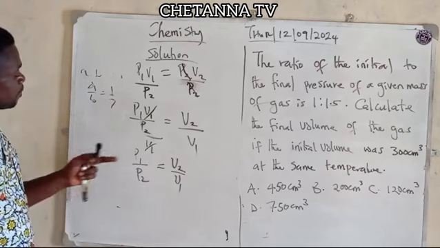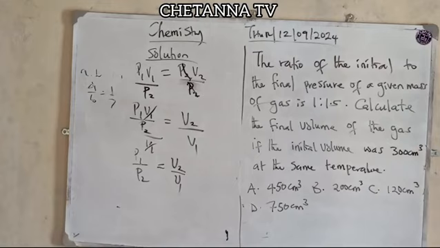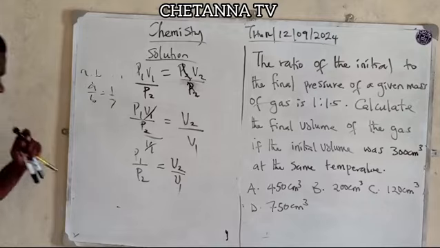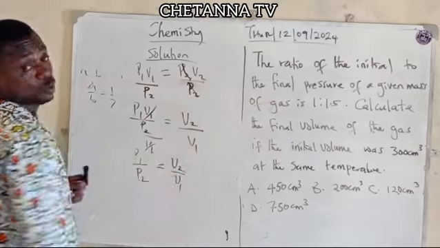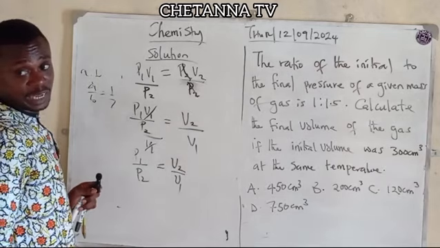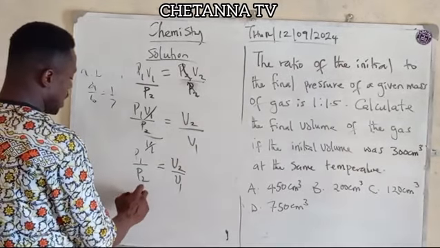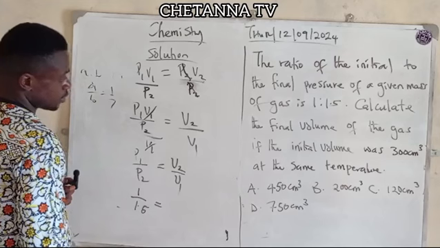So if that's the case now, anywhere we see P1 we put what? 1. Anywhere we see P2 we put what? 1.5. Is it clear? So that means 1 over 1.5 is equal to what?